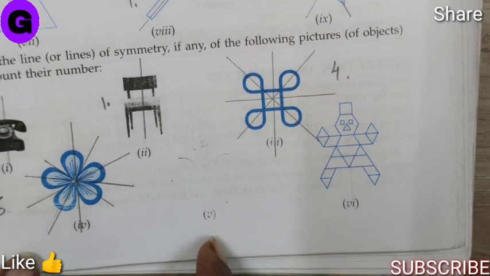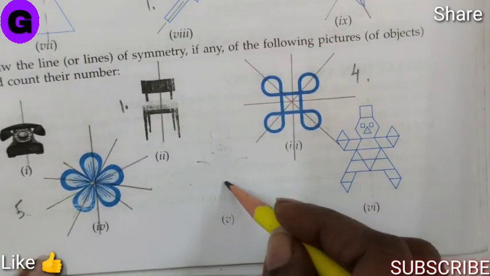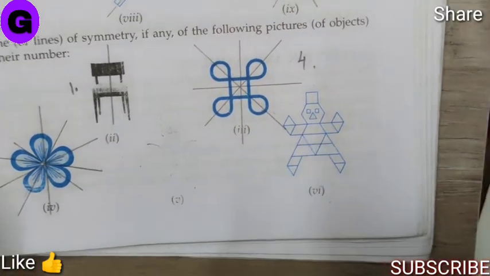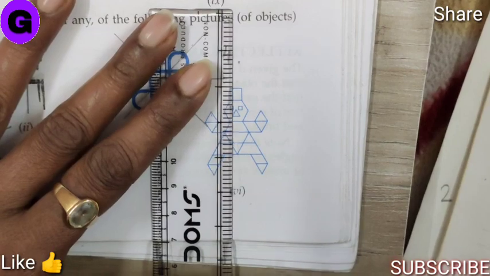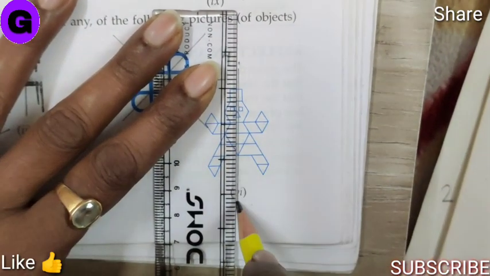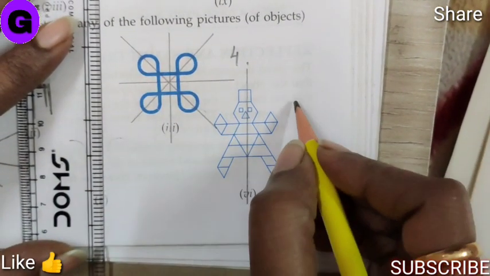Figure number 5, as you can see, is not clearly printed in my book, so I need to omit this figure. We'll come to the next one. Just one line of symmetry which divides the figure into 2 equal halves.